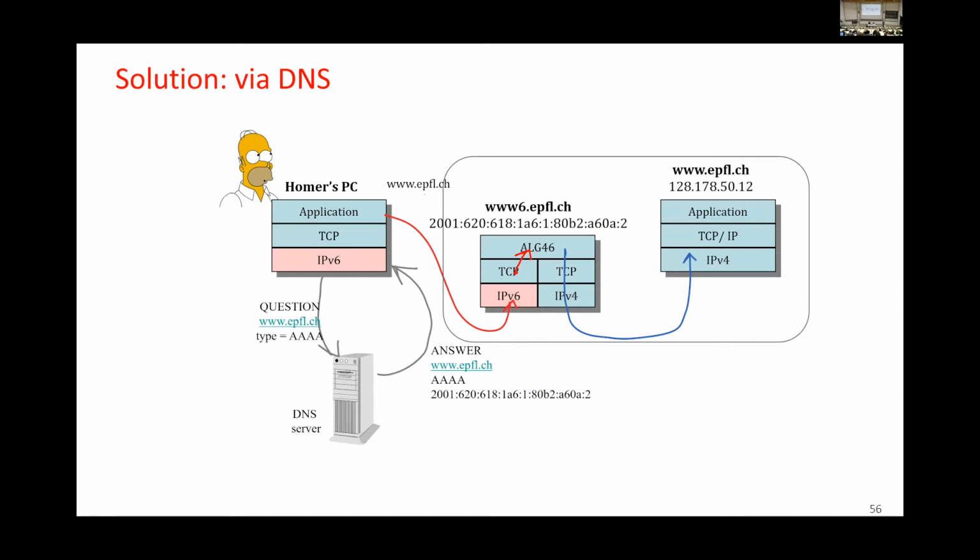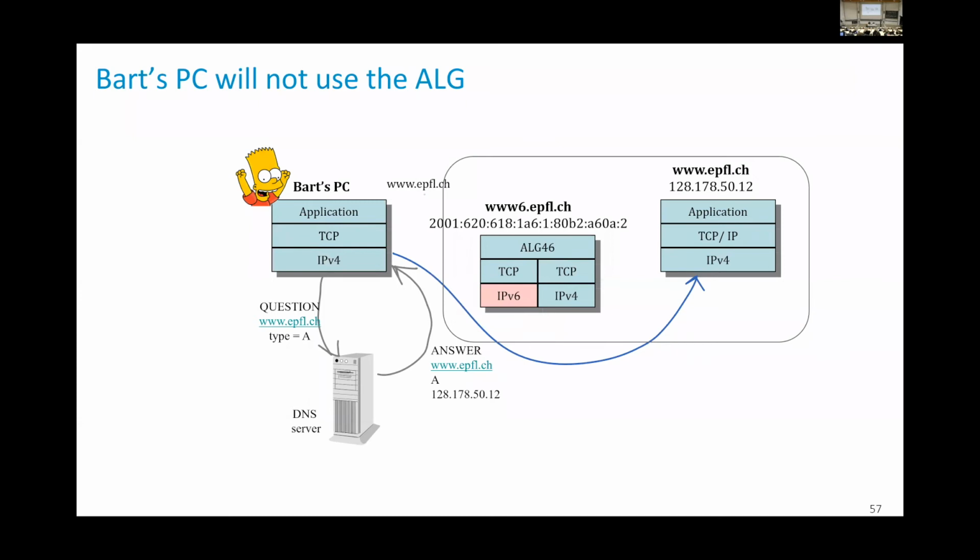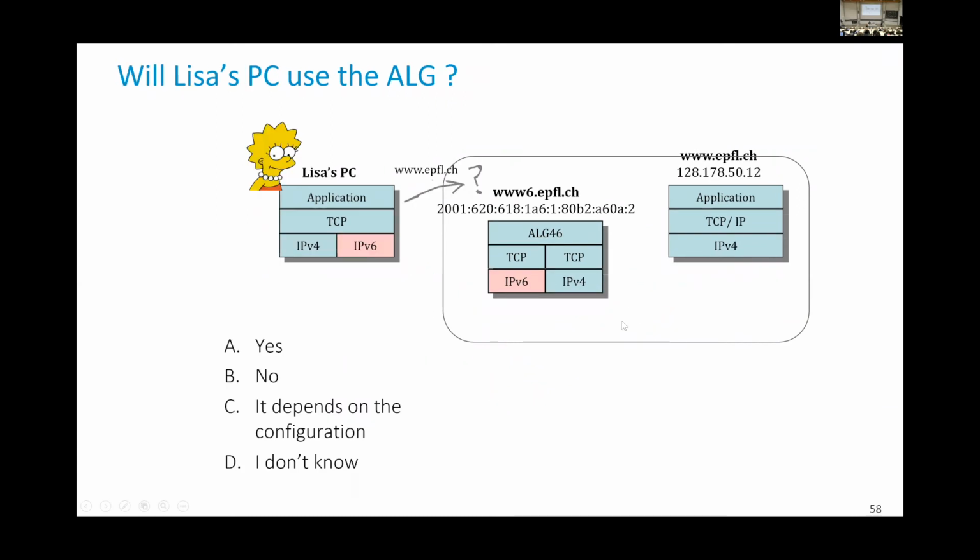The IPv6 address can be the address of a different machine. So if you query the DNS and ask for an IPv6 address, you will get the address of the gateway. If you query the DNS and ask for an IPv4 address, you will get the address of the native system. Which means in particular that in this special case, if you used IPv4, you would probably get a better service.